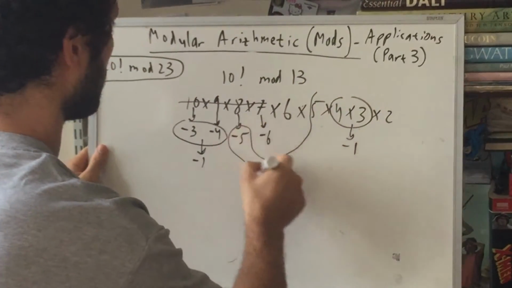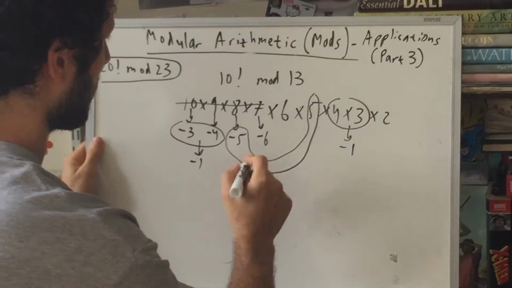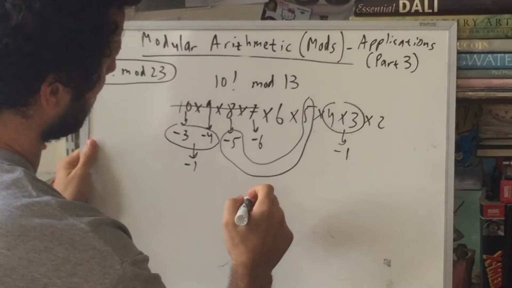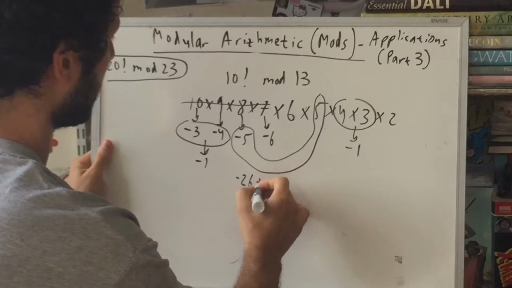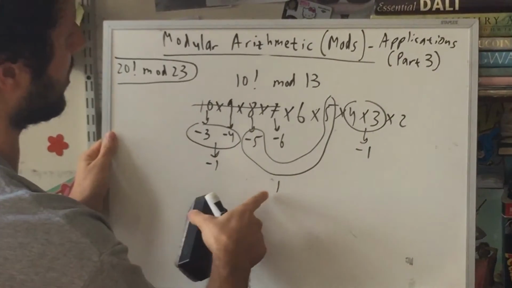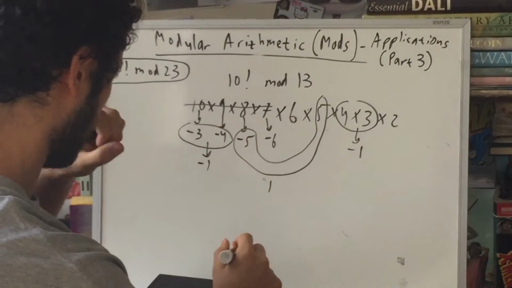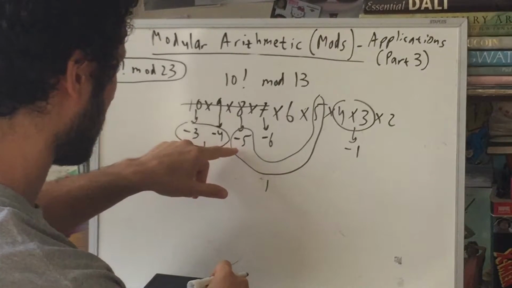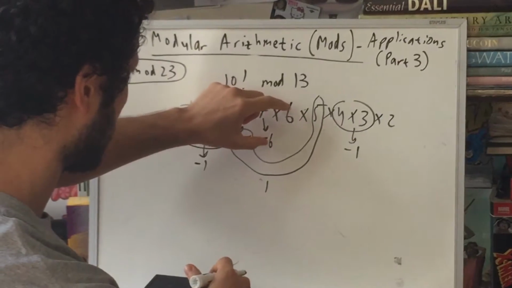So if we were to group these two, that would be a remainder of, let's see, -26 plus 1 gets us to -25, so this is just a remainder of 1. Right, so since this is a 1, it's not really even interesting.